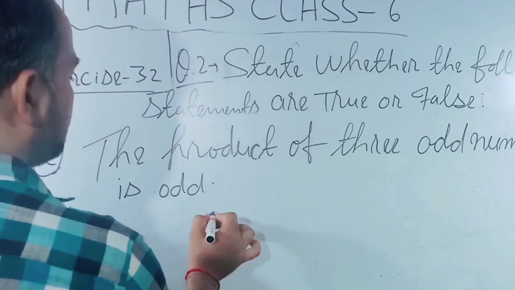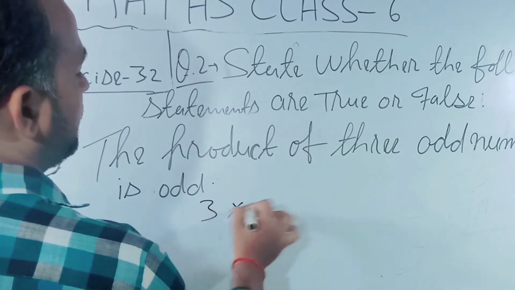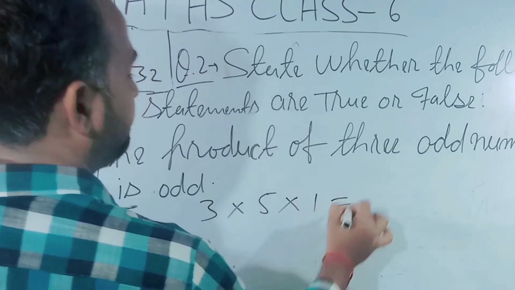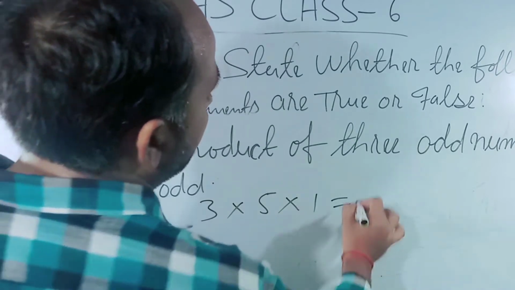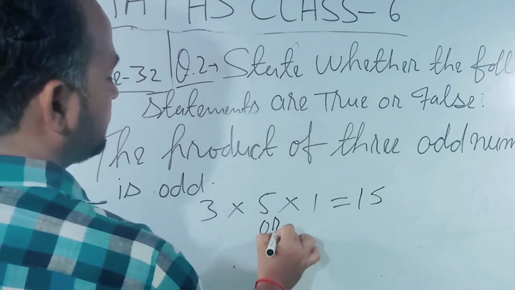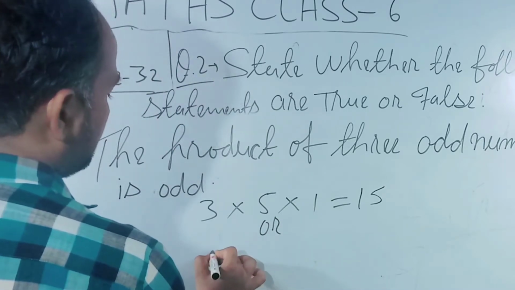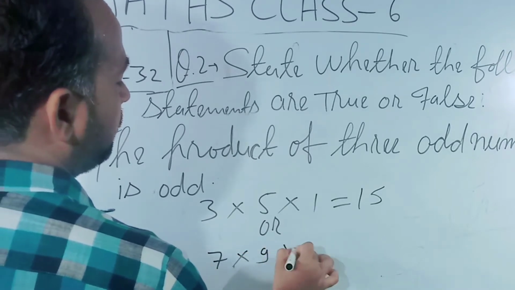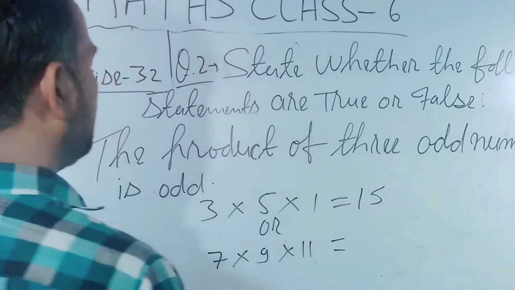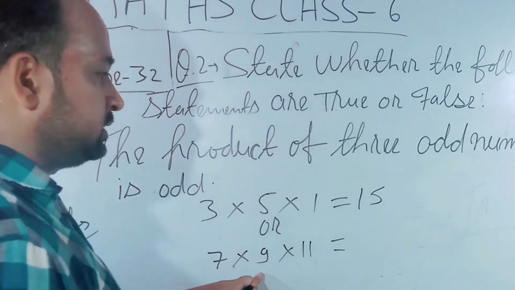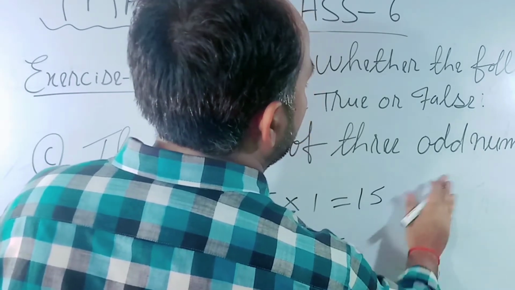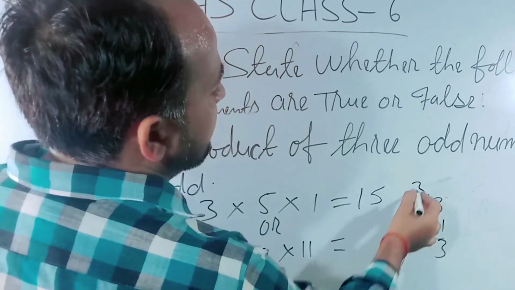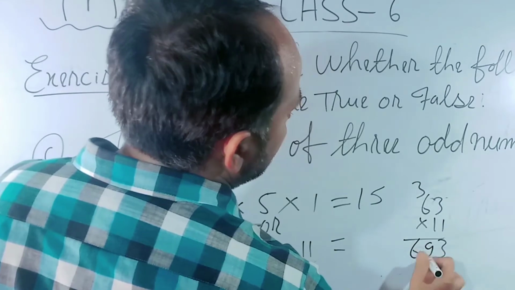I'm taking three odd numbers first: 3 multiply 5 multiply 1. 3 times 5 is 15, 15 multiply 1 is 15. Now the second example: 7 multiply 9 multiply 11. 7 times 9 is 63, 63 multiply 11: 11 times 3 is 33, 11 times 6 is 66, 66 plus 3 is 69.